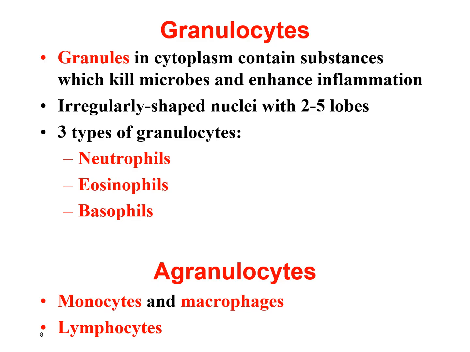So we're going to classify the white blood cells that we see on the blood smear into two groups. We have the granulocytes and the agranulocytes. So the granulocytes have granules in their cytoplasm, and they're just little membrane-bound sacs of nasty chemicals which they'll use to kill off the invaders and cause inflammation.